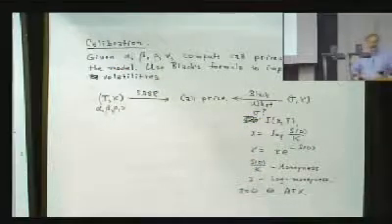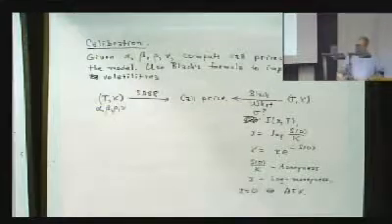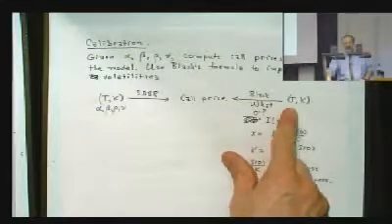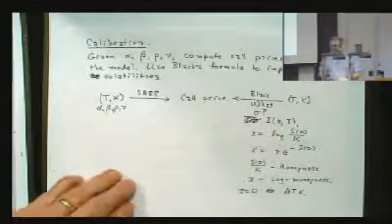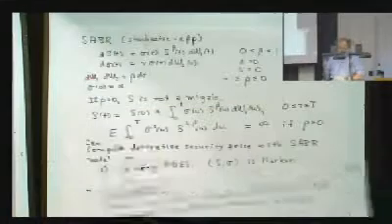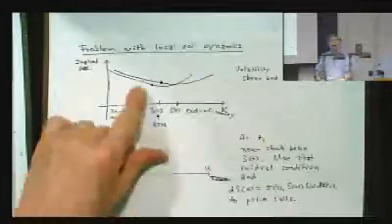So how do you use that? Well, you look at the call prices, and you use Black's formula, and you imply volatilities. And once you've implied volatilities, you'll see a curve like this.